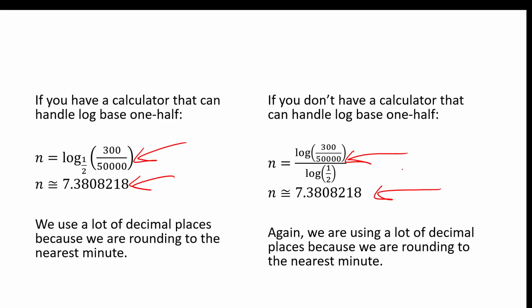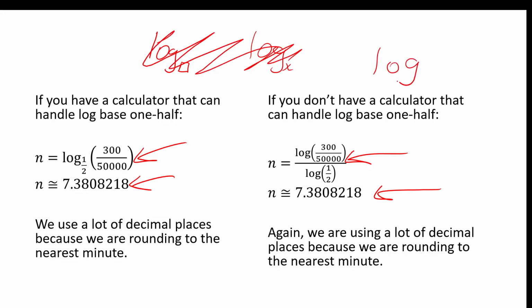And just one more time, in case it got lost on you, the way you can tell if you can do this is if you have a button that's something like log with an optional base, or maybe it's the log base X, and there's an optional base for you. But a lot of calculators don't have that, and they simply have a button that says log. If you simply have a button that says log, you're doing it this way.